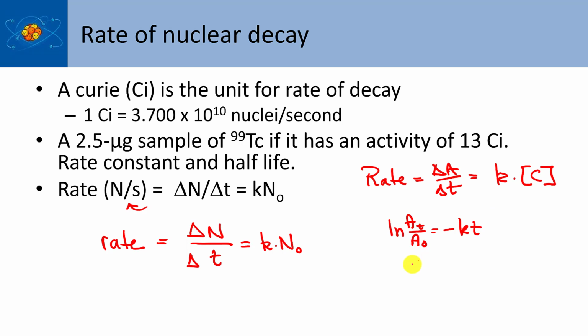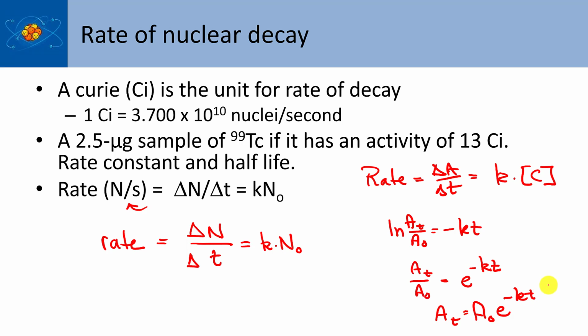You can take the antilog of this equation and end up with A_t over A_0 is equal to e to the minus kt. So then A_t, this is one of the handy equations, is equal to A_0 e to the minus kt.